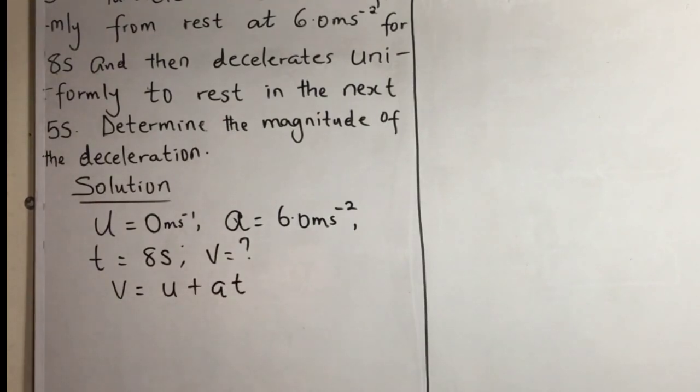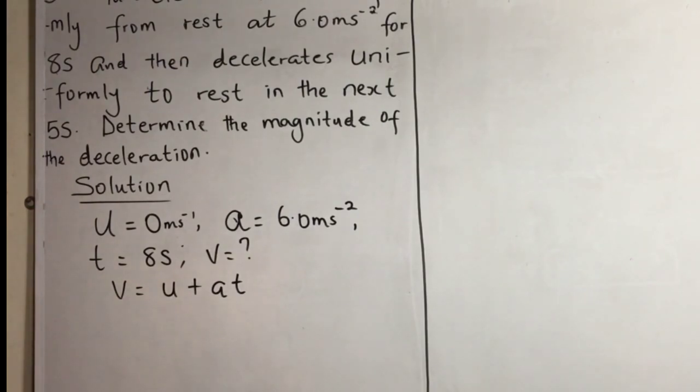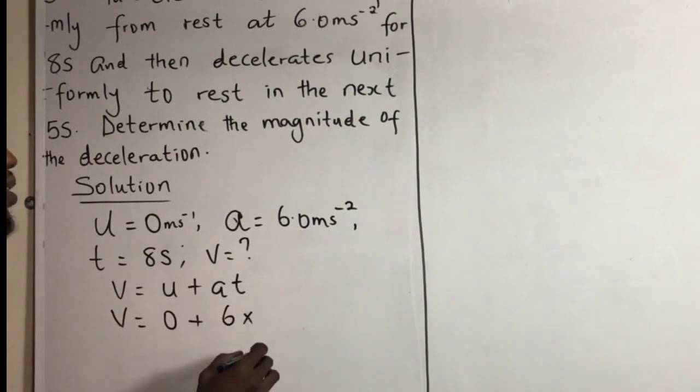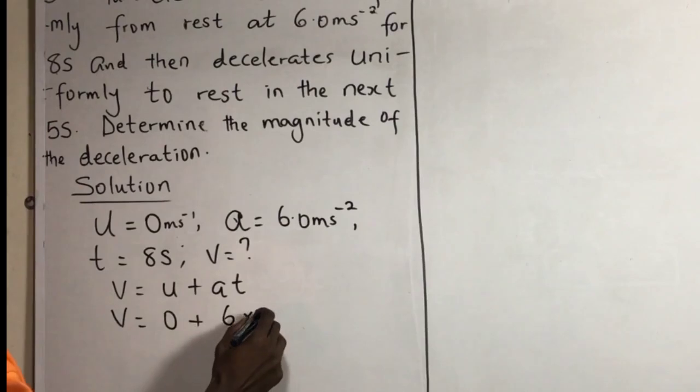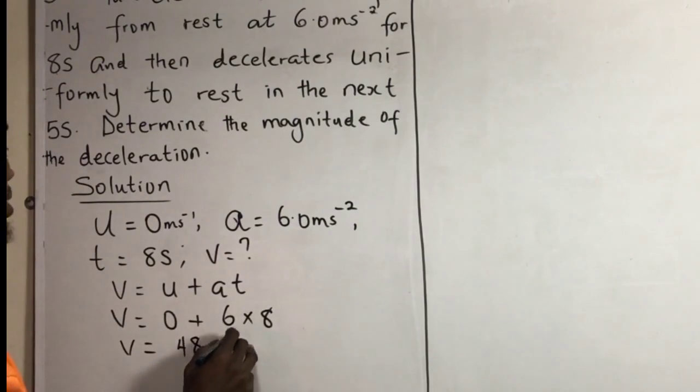We were told that the body is at rest, that is, the initial velocity of that body is 0. So we are going to have v equals 0 plus, what is the acceleration of that body? That's 6, multiplied by the time taken, which is 8. Now we have our velocity to be 48 meters per second.